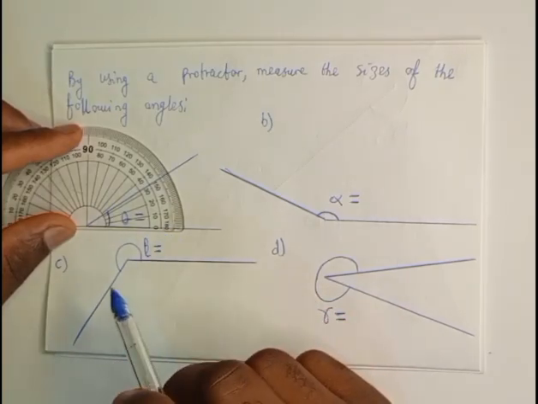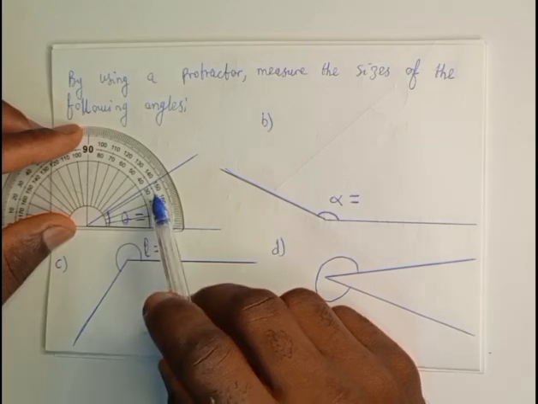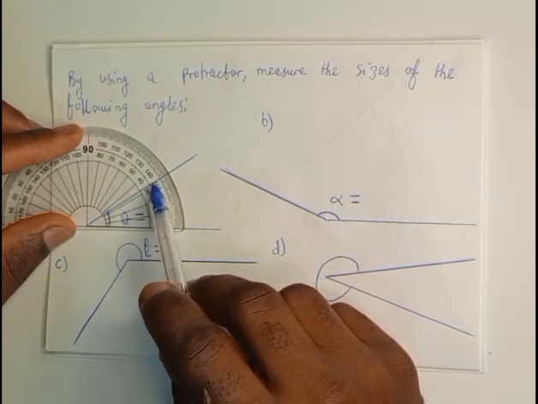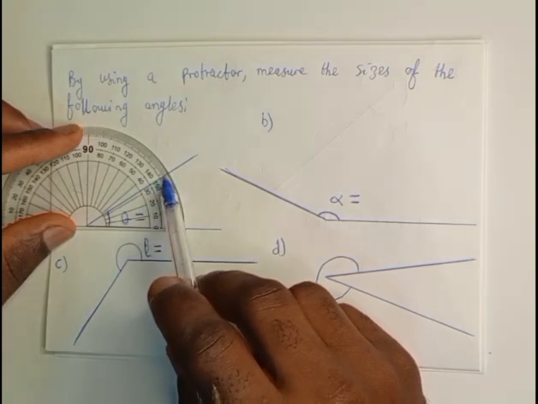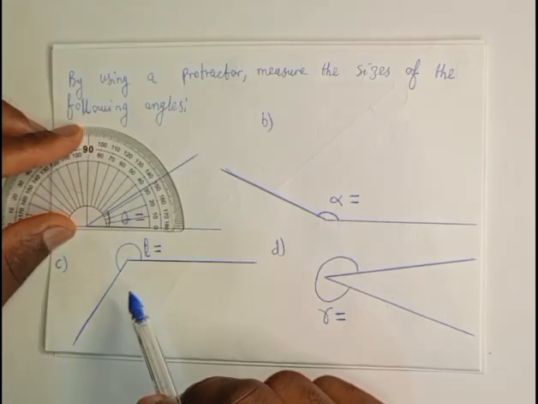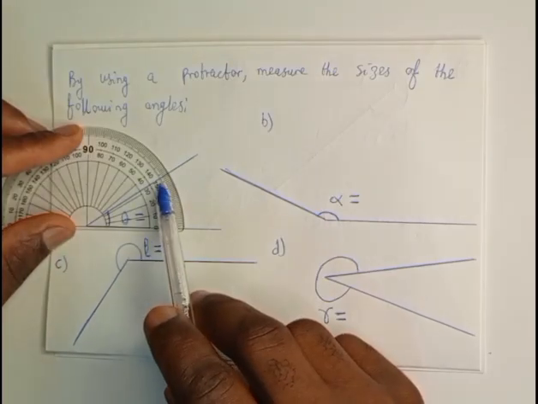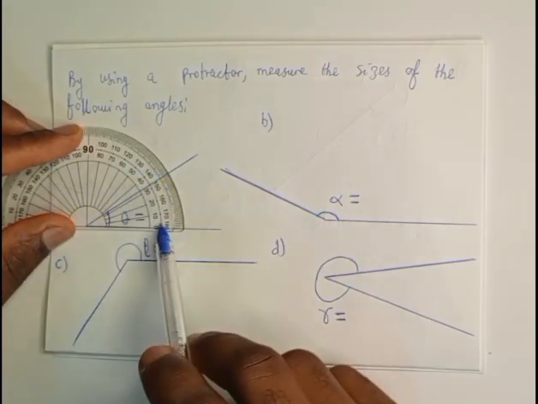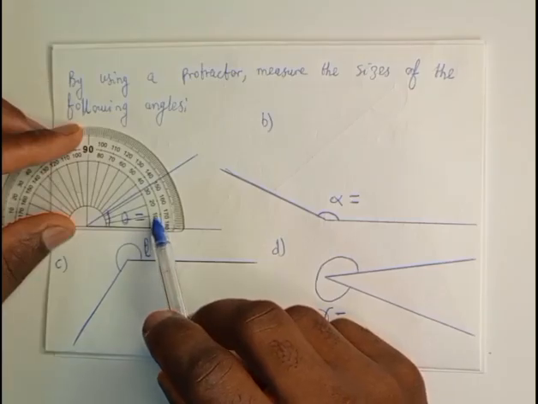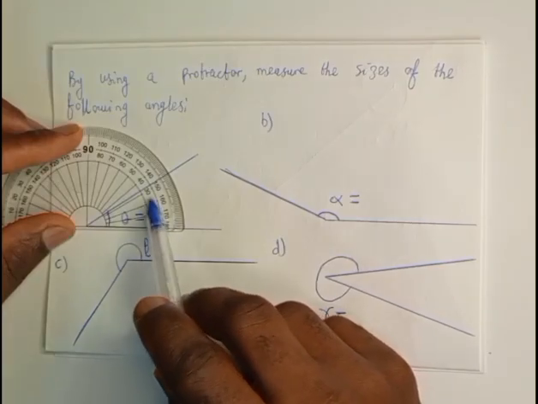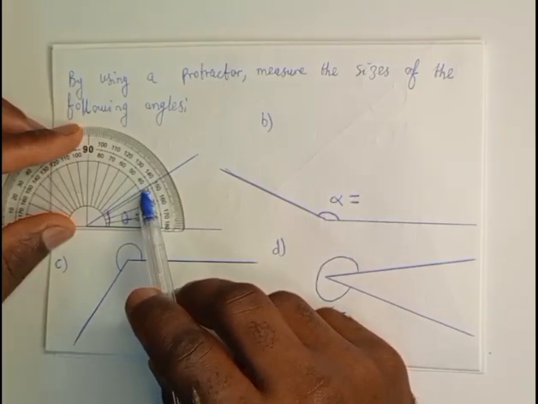Then we read the angle where the second arm coincides with one of the marks on our protractor. This is 0, 10, 20, 30.